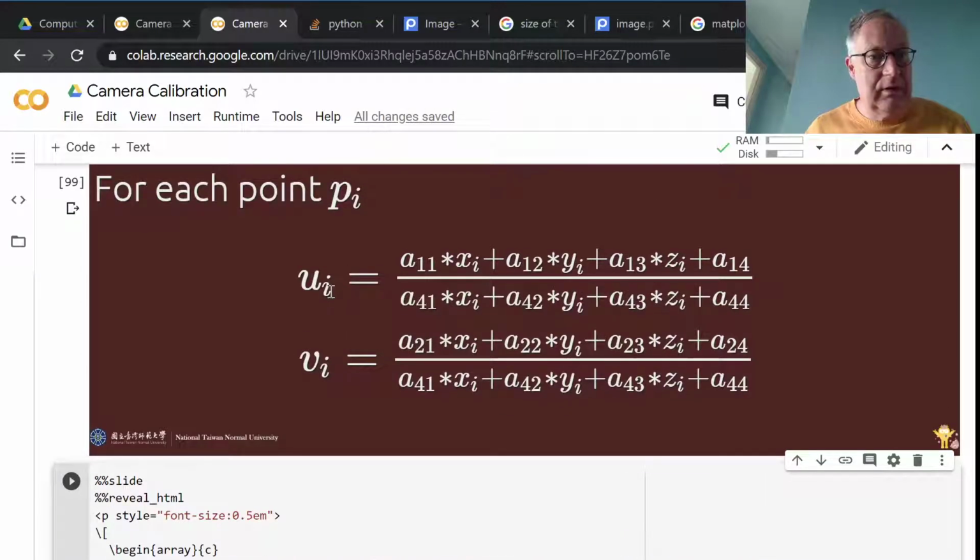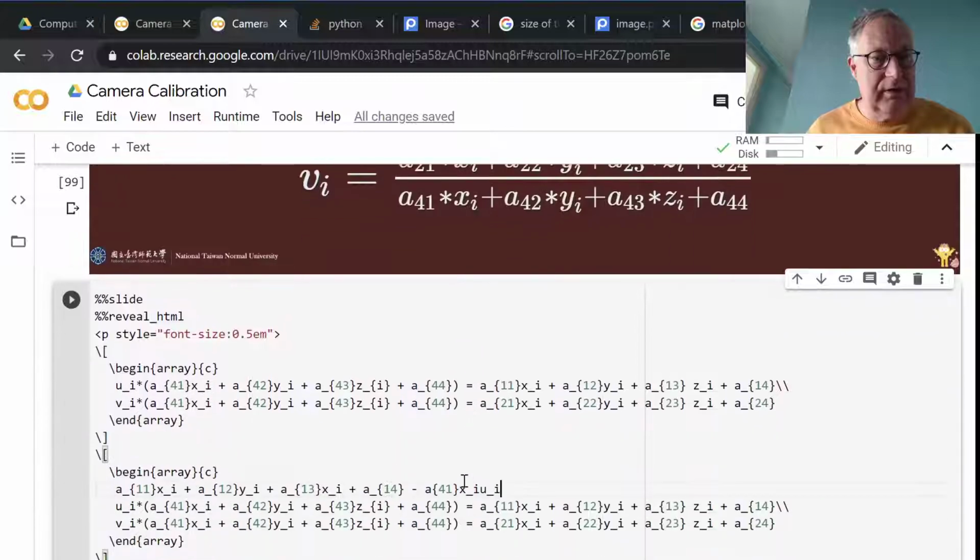because ui multiplied by xi here multiplied by A41 will be negative on the other side.